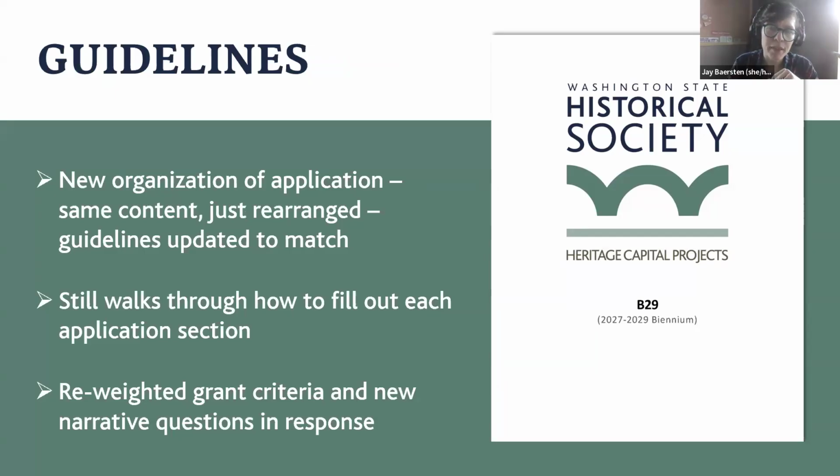So this year we've rearranged the information in both the application and in the guidelines into three main categories, which I'll show you on the next slide. But the purpose of the guidelines is still to walk you through each section of the application and show you the rules relating to that section, and then walk you through the application form related to that section.